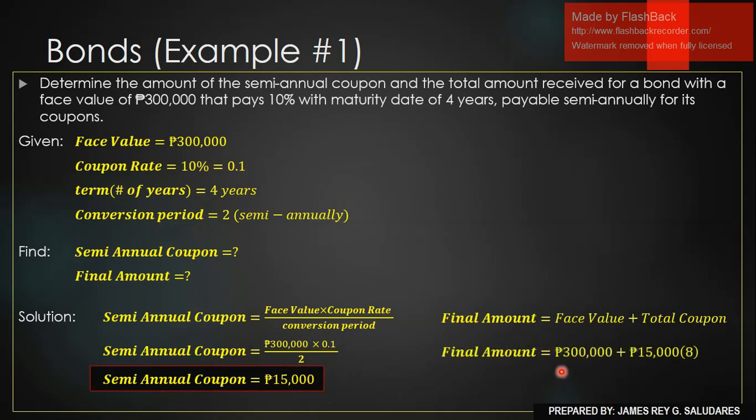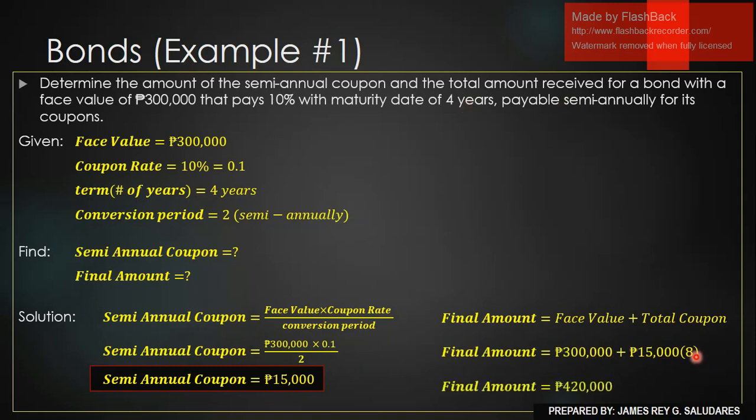Okay. So, for final amount, you have the face value plus the total coupon. Your face value is 300,000 pesos. Your coupon, total coupon, okay, so that is 15,000. And how many semi-annual? In 4 years, there are 8.